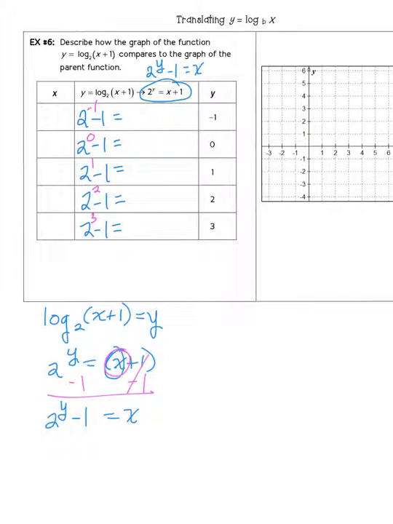And so 2 to the negative 1 is 1/2 minus 1. And I'm not going to put an equals there. 1/2 minus 1 is negative 1/2.